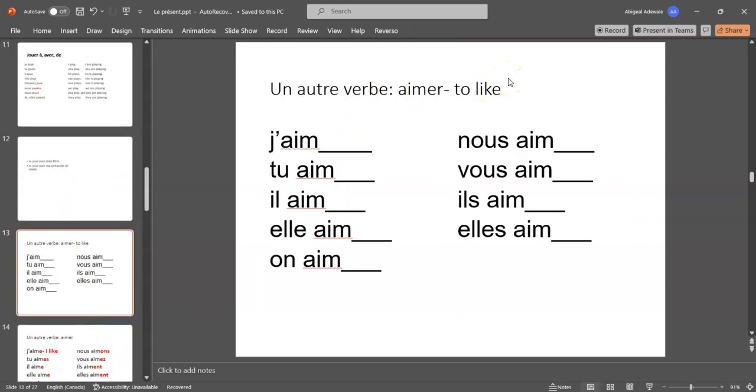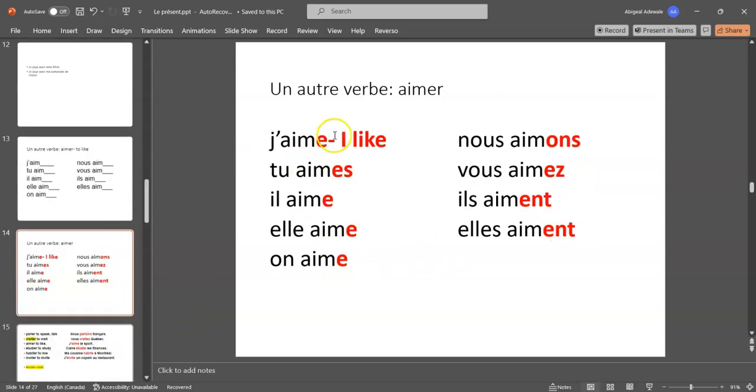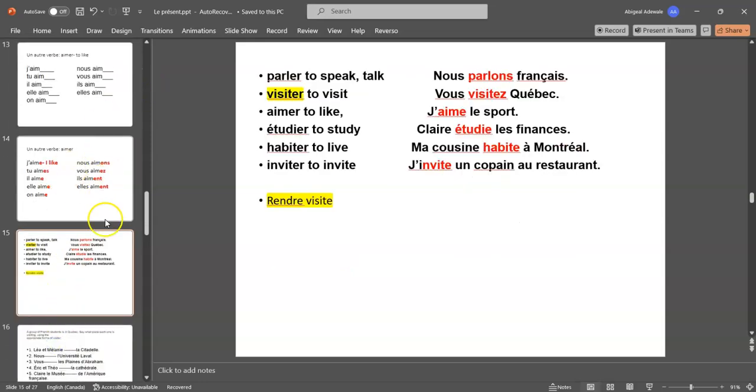So another verb is aimer. This is an activity for you to fill up with terminaisons. At the end of the whole thing, this is what you're going to have: j'aime, tu aimes, il aime, elle aime, on aime, nous aimons, vous aimez, ils aiment, elles aiment. Then we have visiter.